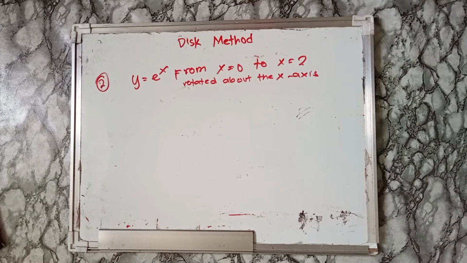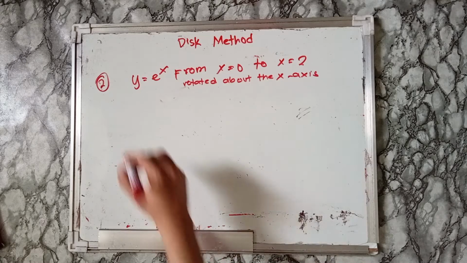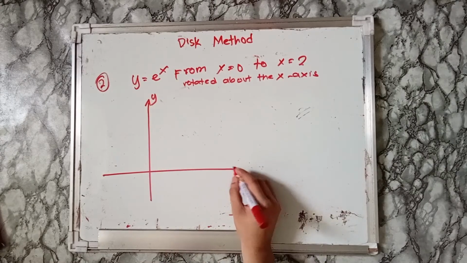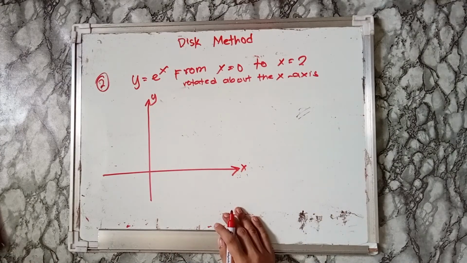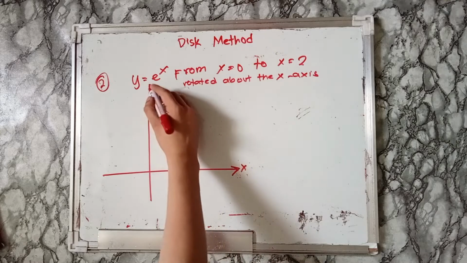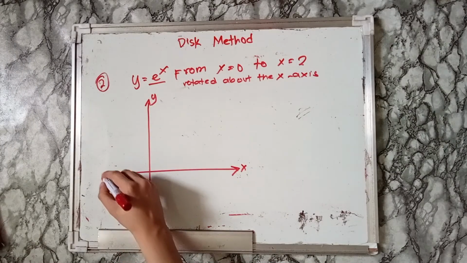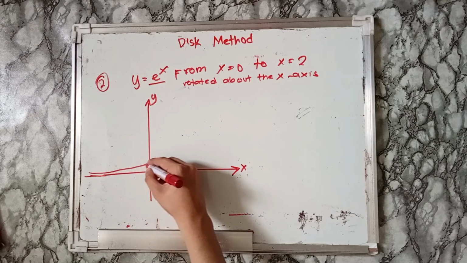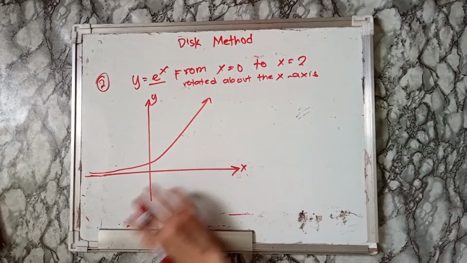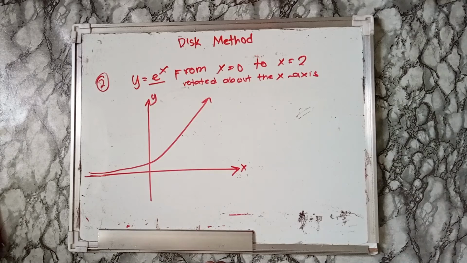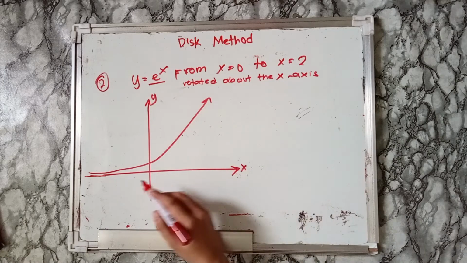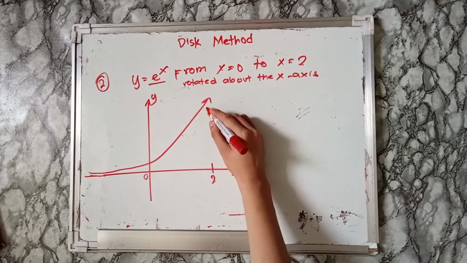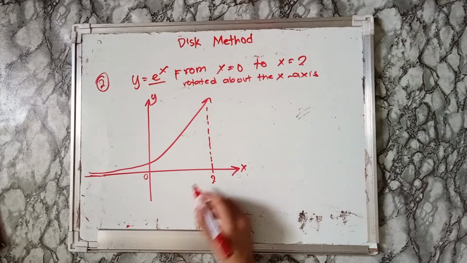Now, of course, our solution is first to plot the graph. y and then x. So, basically, e to the x here is just a curve, something like this, going upward. It says here our limit is 0 and 2. Supposedly, this is 2.